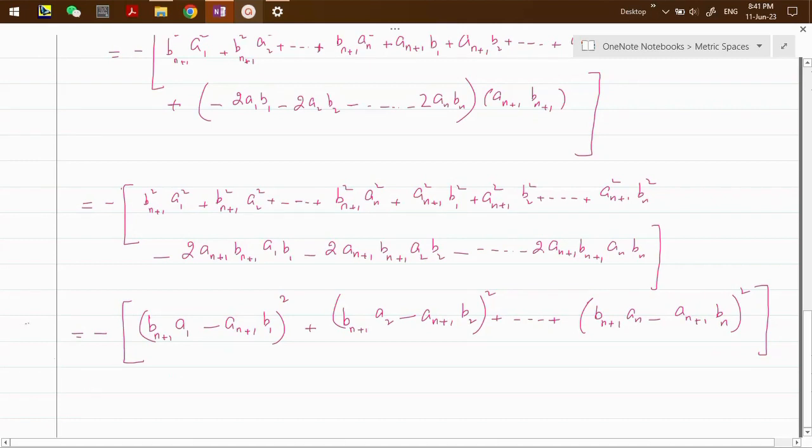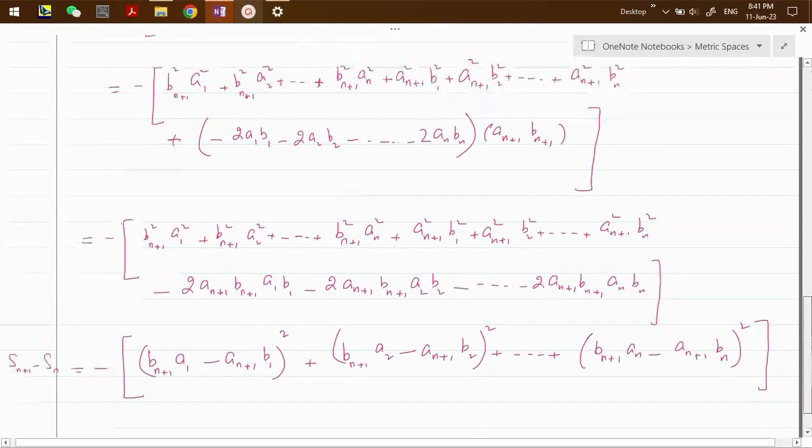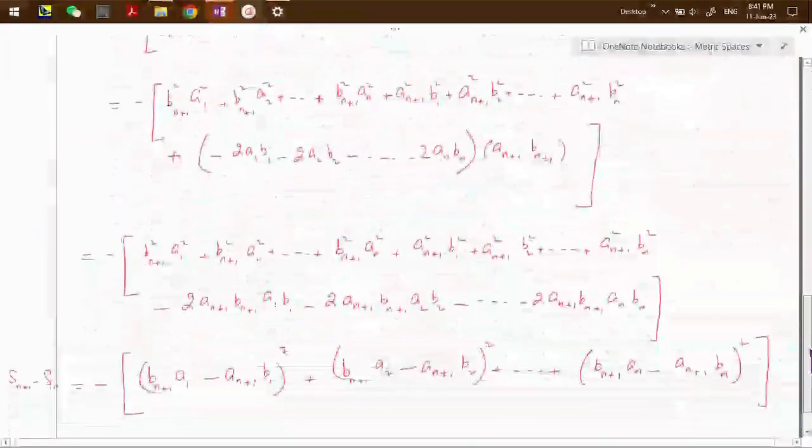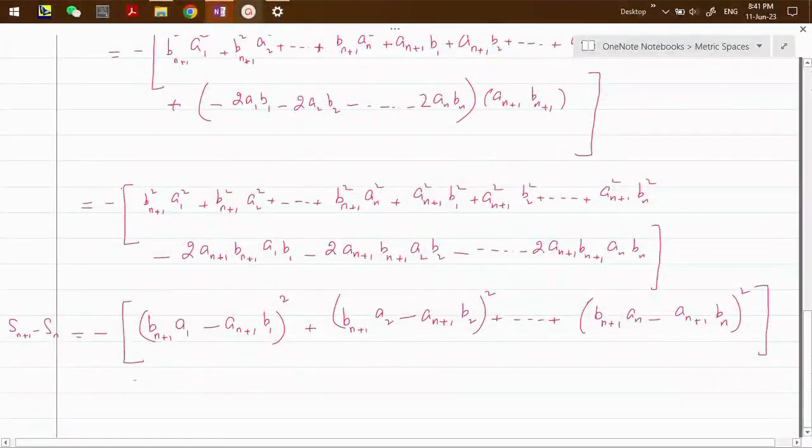So what is this? On the left hand side, we have Sn plus 1 minus Sn. As you can see, this is Sn plus 1 minus Sn. So this whole term, the entire term, is less than or equal to 0.